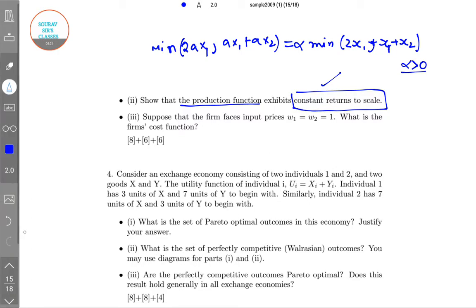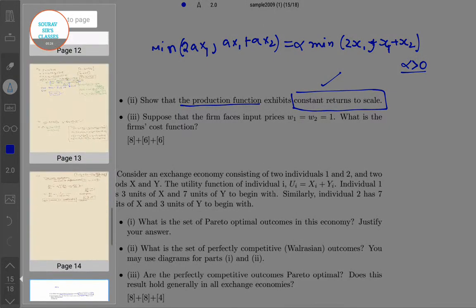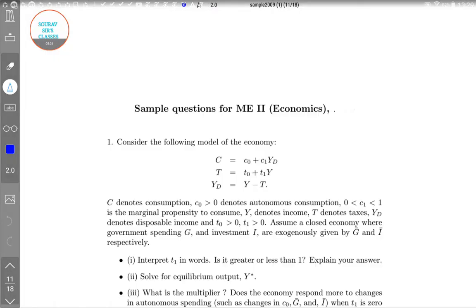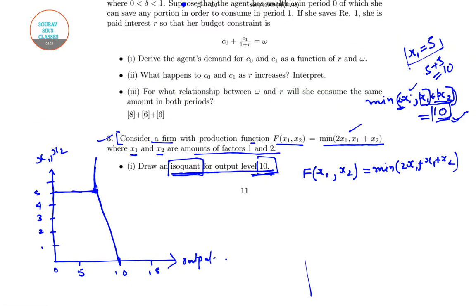For this, if you go back to the earlier part of this video, here we had the minimum of 2x1 comma x1 plus x2. Now if you simply multiply it by α, it will be the minimum of 2αx1 comma αx1 plus αx2.